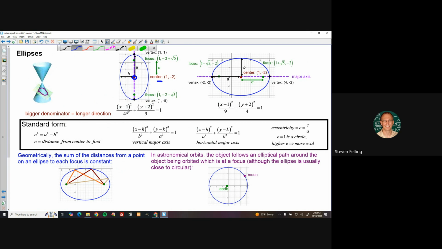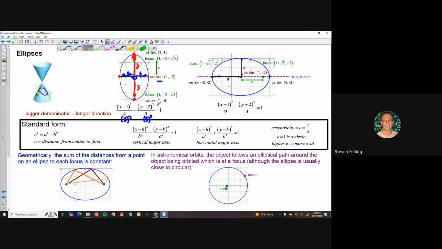And then the number below the x is, if you think of that number as being something squared, so 2 squared in this case and 3 squared in this case, that means we go a distance of 2 in the x direction, and we go a distance of 3 in the y direction from the center to get the other 4 spots that are on the ellipse, and then you can sketch the ellipse in there.